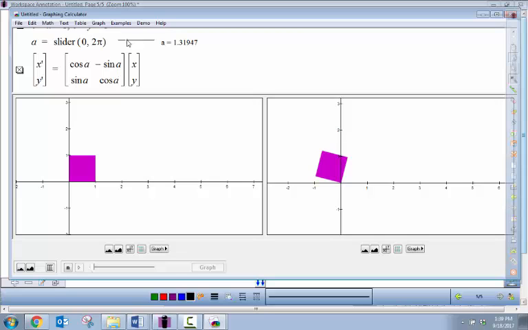What is it, 1.57? This is the closest I can get. So this is a rotation of almost 180 degrees.